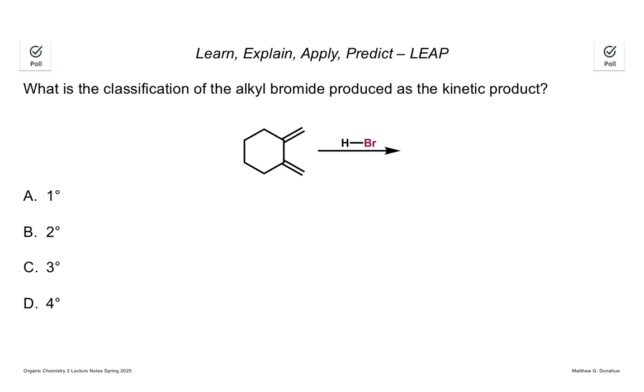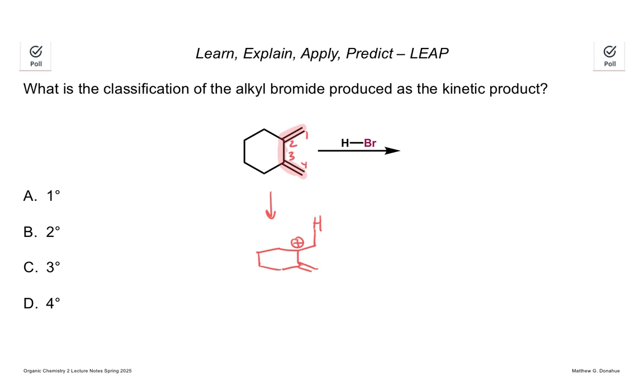So another similar situation, I'll highlight the conjugated system in red. We've just moved the substituents around a little bit. What is the classification of the alkyl bromide produced as the kinetic product? So if we protonate position 1, that generates a secondary allylic carbocation.